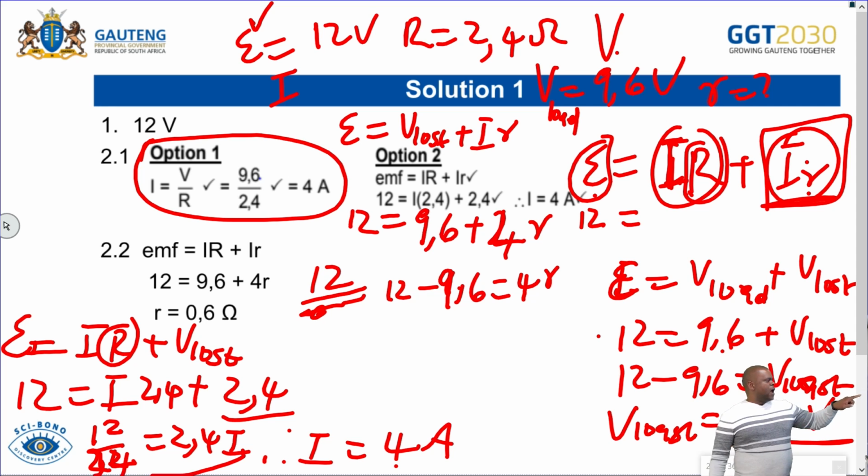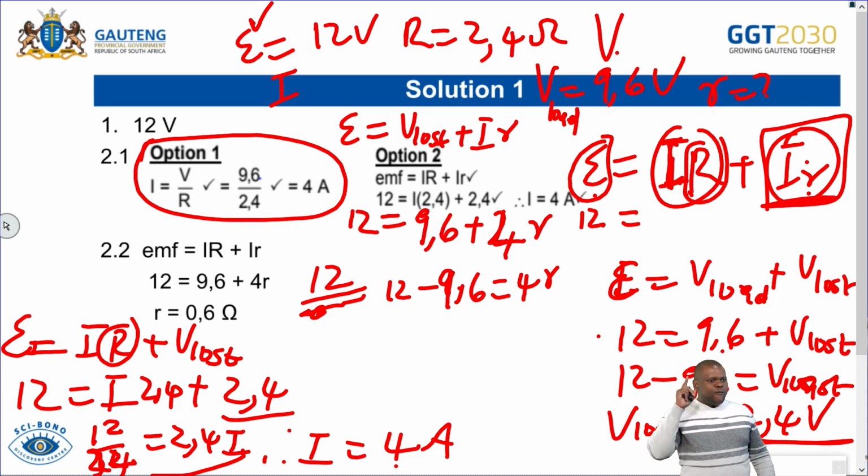Then now our unknown will be only the internal resistance. Then when you manipulate this, you say 12 minus 9.6, which is going to give you 2.4. Then we say 4r is equal to 2.4.